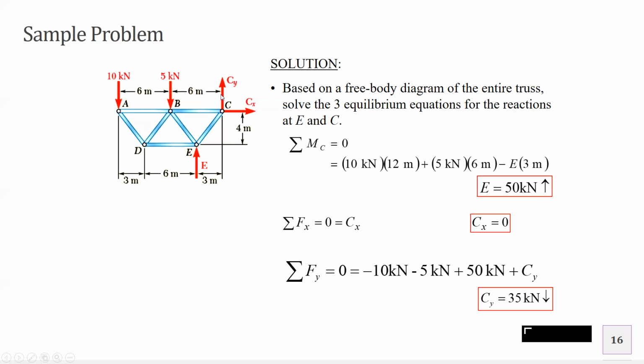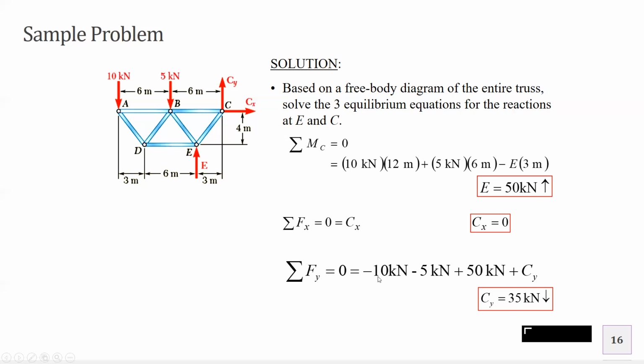Now in the y direction, we have the forces in the y. We're going to add them all up. So we have a negative 10 kilonewtons because it's going down, plus a negative 5 going down, plus this E, which we already found out. The reactionary force was the 50 kilonewtons up, so that's a positive, plus this C_y. We don't know what that number is. We're going to find that one.